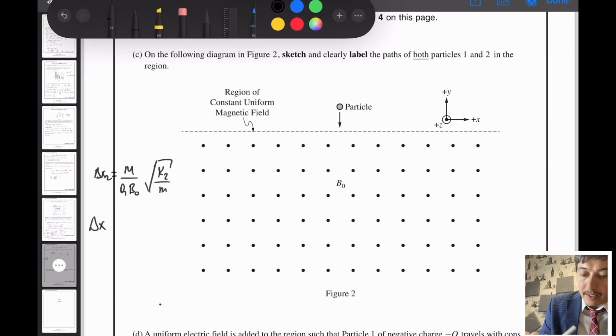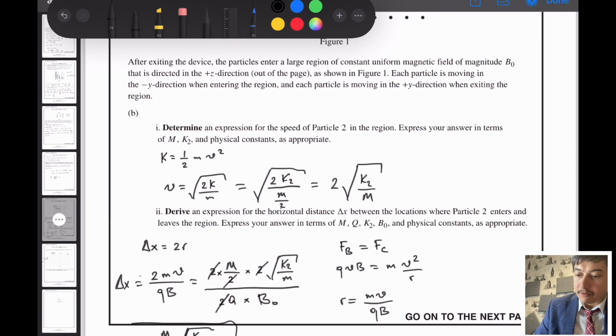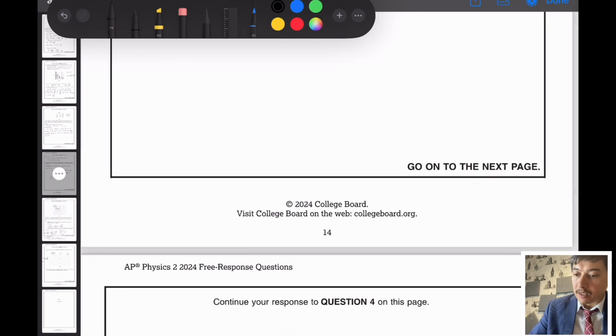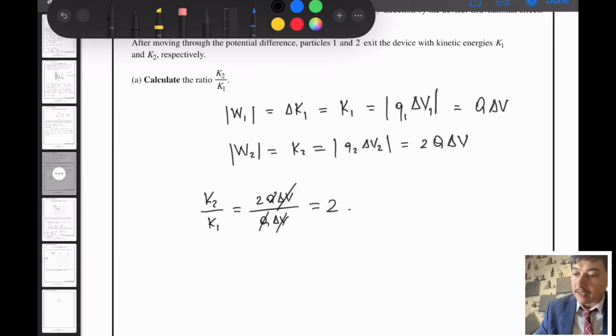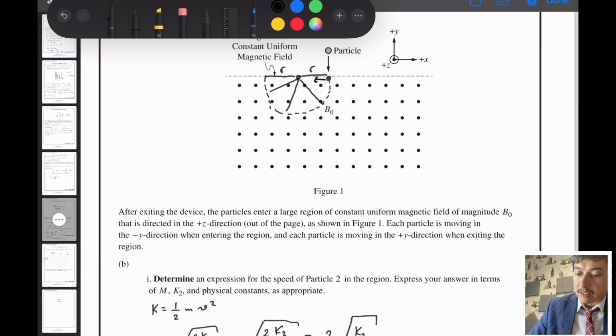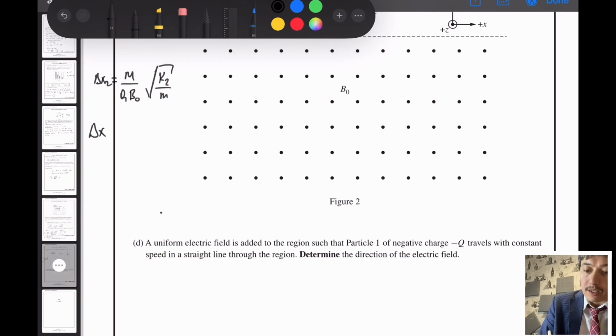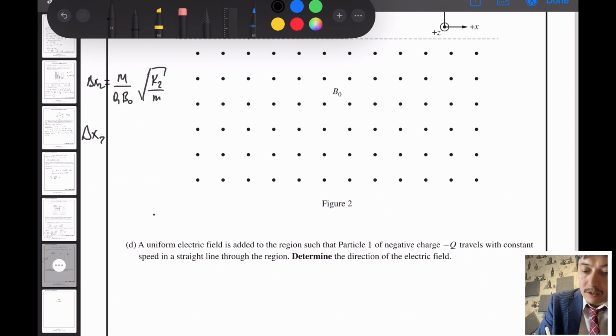So we will replace K2 with the quantity that we found at the beginning in part A. So K2, we can see, is 2 times Q delta V, and K1 is Q times delta V. So I will use that equation here. So delta x2 is going to be equal to m over q b0 times the square root of 2 q delta v over m.